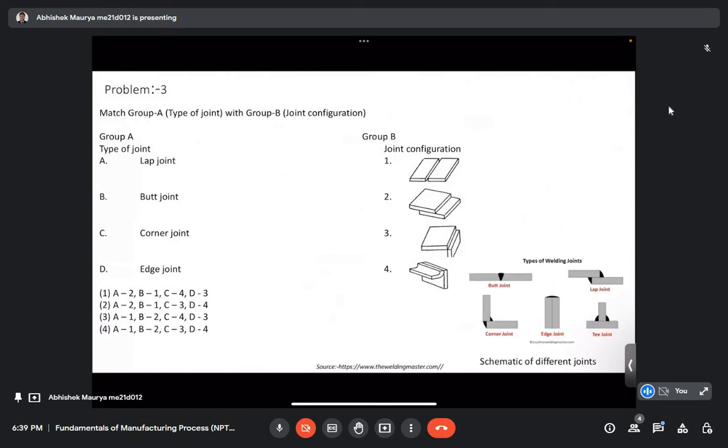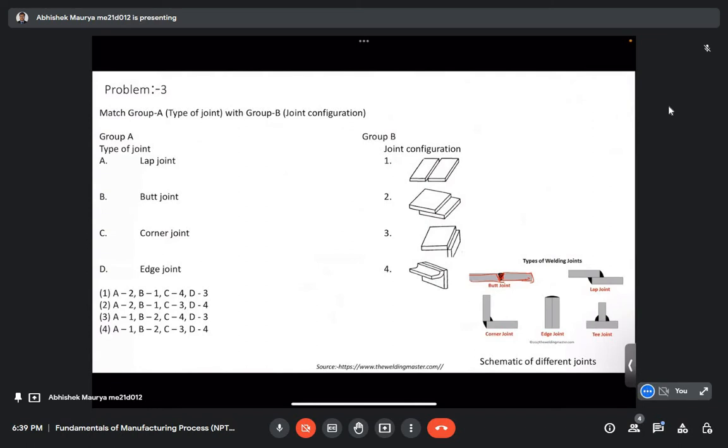Here we can see a cross-sectional view of all the joints. We have a butt joint, where two components are brought together end to end, and we join them by melting them and adding some filler material in between them. And similarly, we have the case of the lap joint.